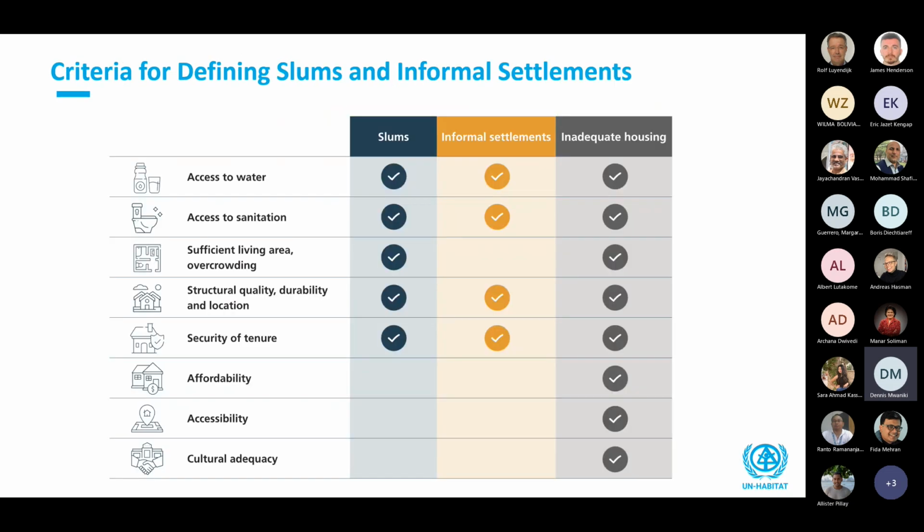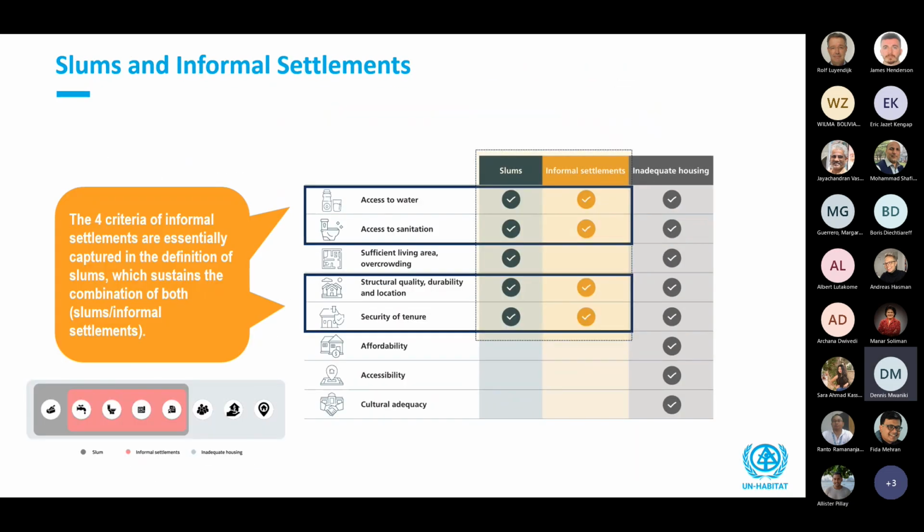So just to distinguish these different criteria for the measurement of the slum and informal settlements, we use five main things. One is access to water, access to sanitation, the sufficient living area, overcrowding, the structural durability, and the location and security of tenure.